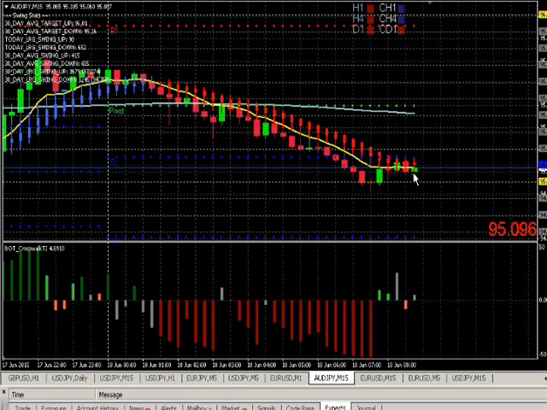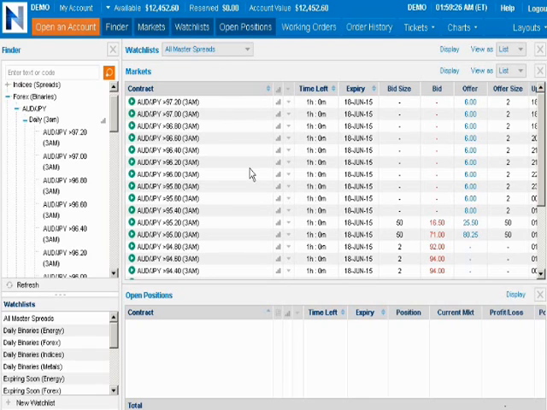We're also hanging pretty much just around this 8 EMA, and volatility is looking dreadful. But I'm going to go ahead and start a bet, and I'll explain this bet while we're doing it.